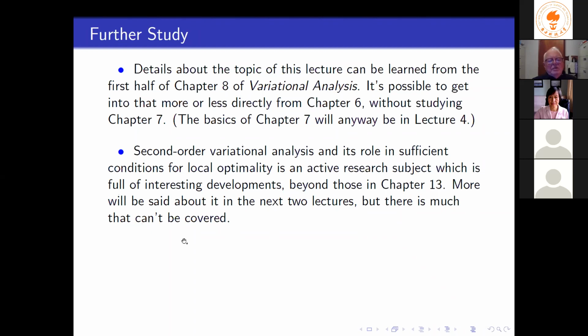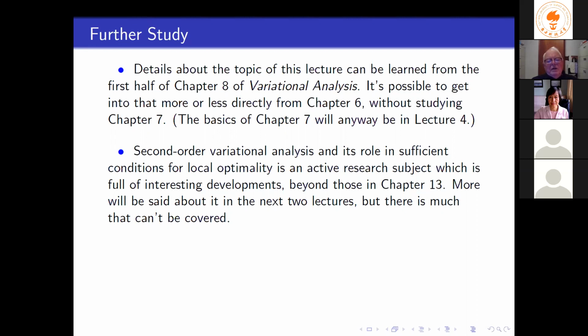All right, now, as I was about to say, second order variational analysis and sufficient conditions for local optimality is an active research subject. And I'm very much involved. I'm involved in several things, as always, but my main excitement at the moment is working in second order optimality conditions and also the relation to some decomposition methods that I'm also working on.